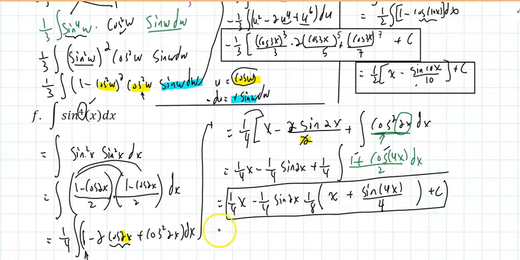For the homework, you would notice this is 1/4 x plus 1/8 x, over 8, 2 plus 1, 3/8 x minus 1/4 the sine of 2x plus 1 over 32 the sine of 4x plus c.